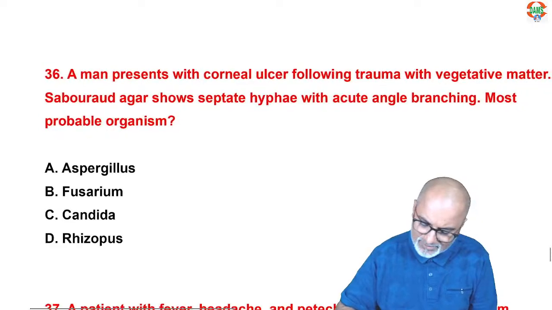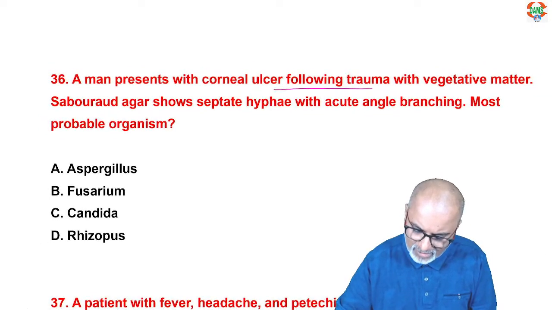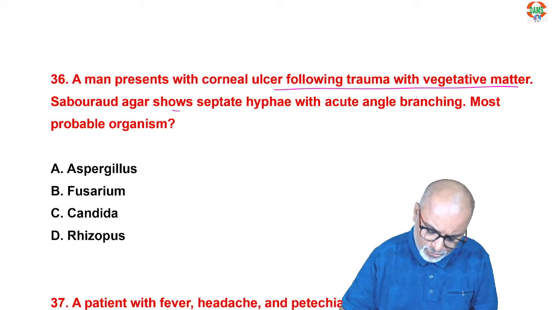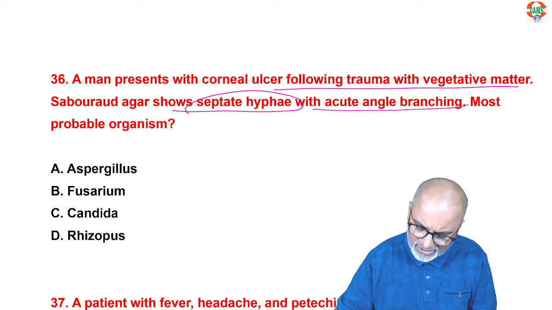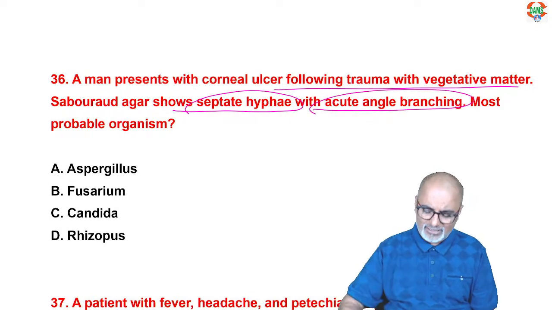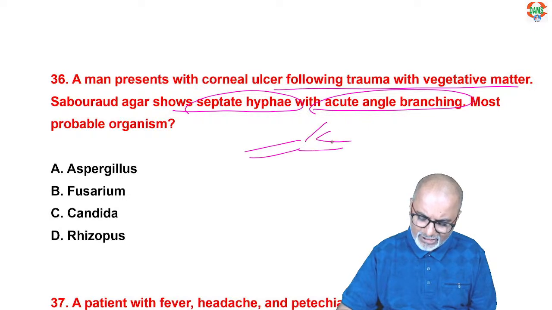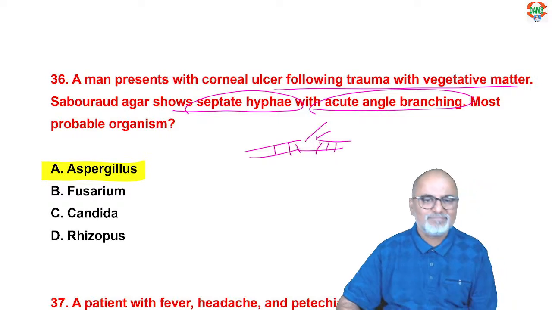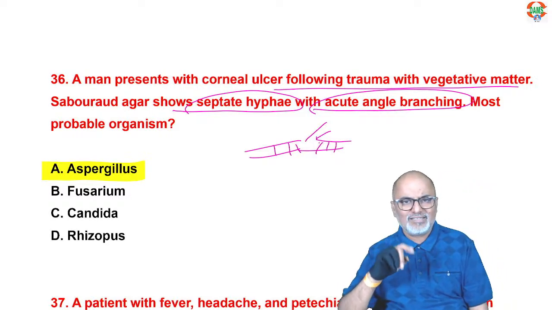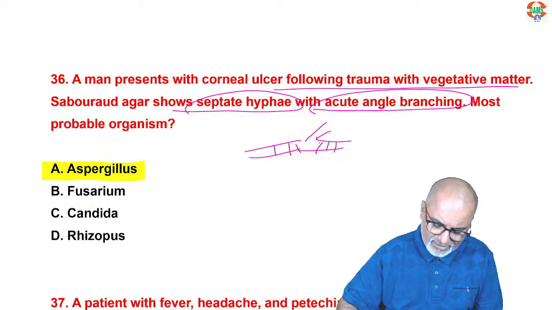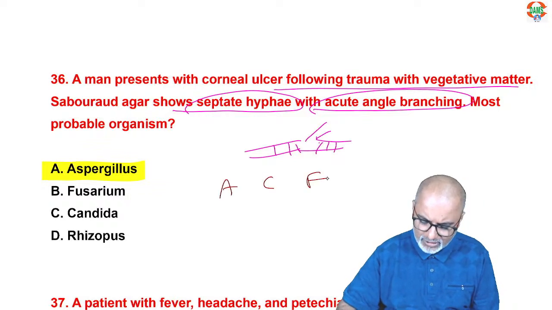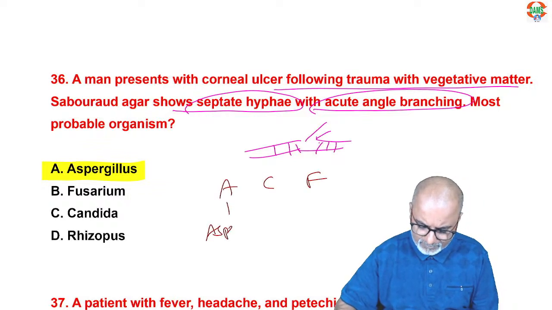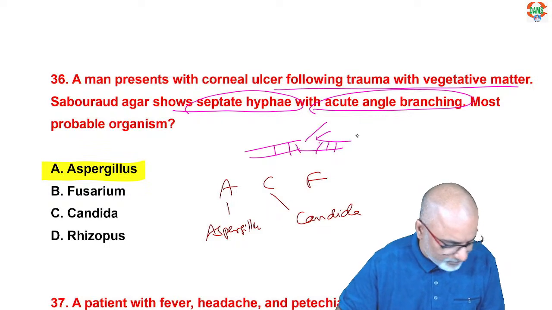A man presents with corneal ulcer, trauma with vegetative matter. Sabouraud shows septate hyphae with acute angle branching. Even if you don't know anything, septate hyphae with V-shaped branching, already told, it is Aspergillus. Corneal ulcer is caused by Aspergillus, Candida and Fusarium.